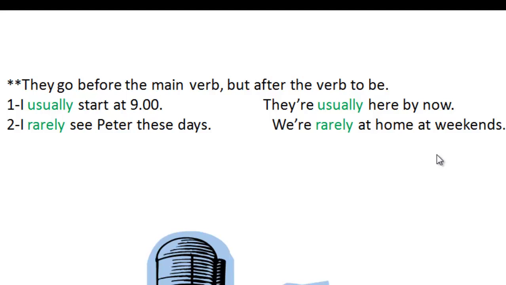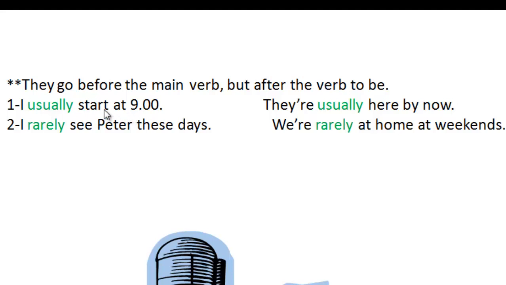If the sentence has the verb to be, they go after the verb to be. And if there is no verb to be, if the sentence has a full verb, a main verb, they go before the main verb.